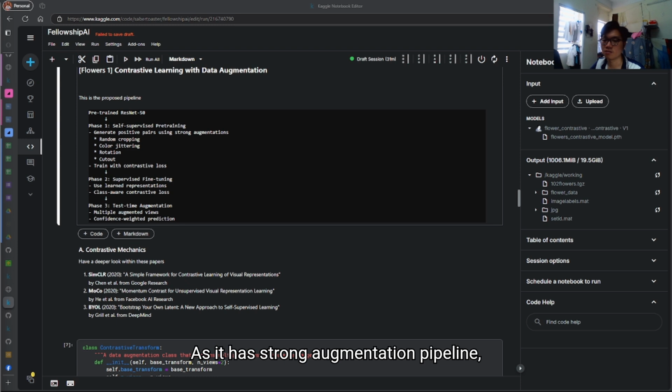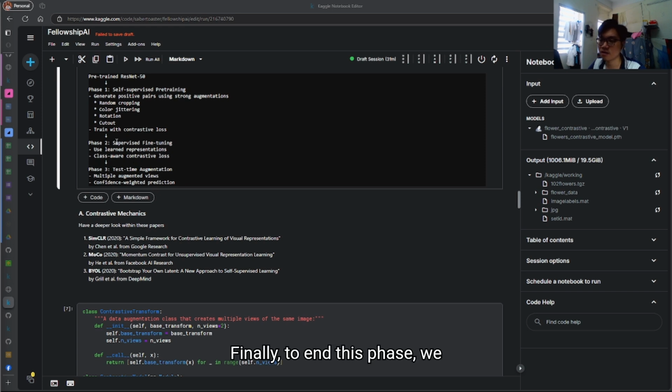Emphasize a strong augmentation pipeline, which includes generating positive pairs using strong augmentation, like random cropping, color jittering, rotation, or cutout. And finally, to end this phase, we train it with contrastive loss to obtain a self-supervised pre-trained model.